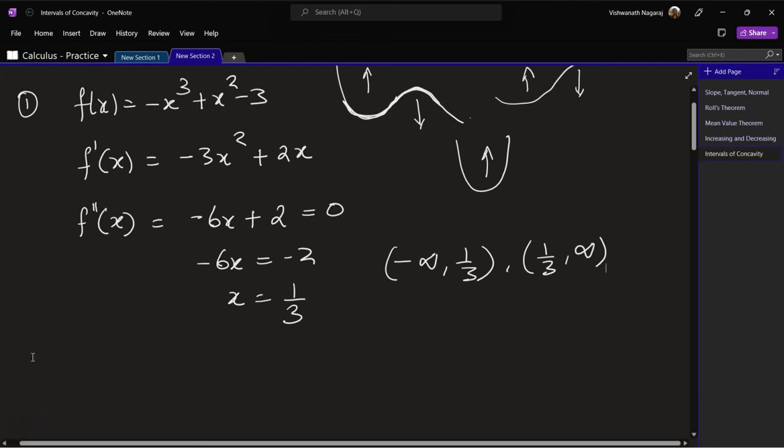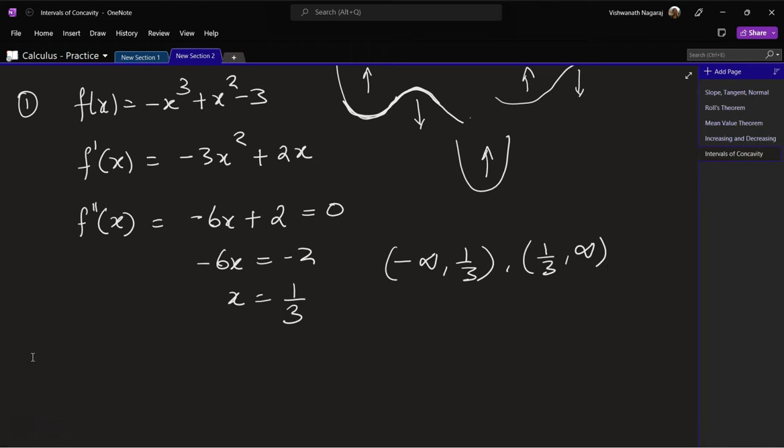Now, to figure out whether it is up or down, what we do is we take a value of x which is just before or after these values. So let's do that.